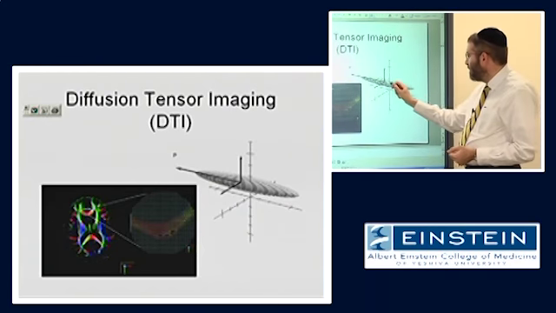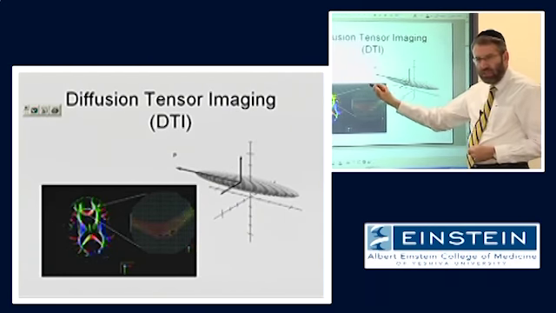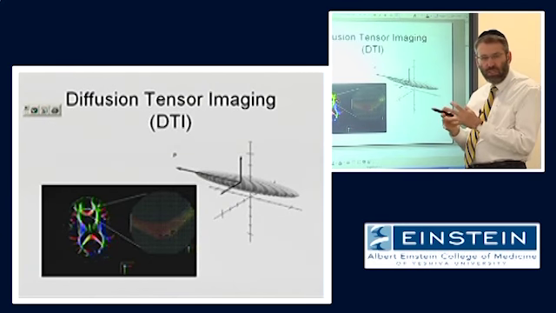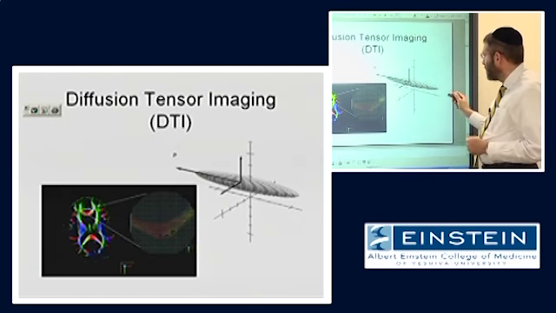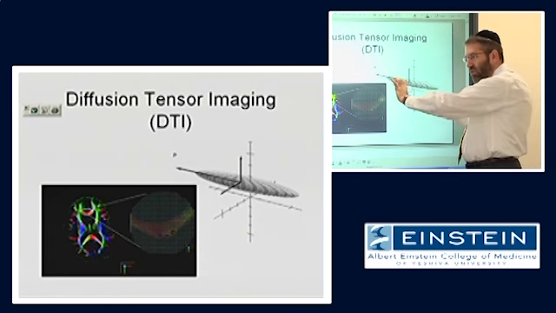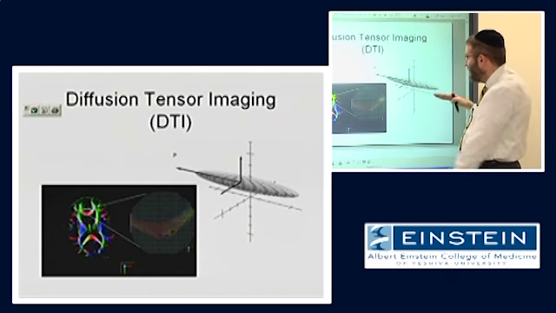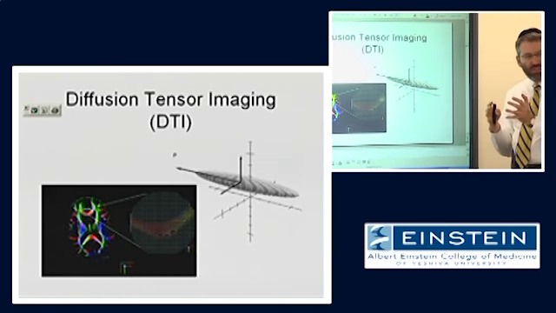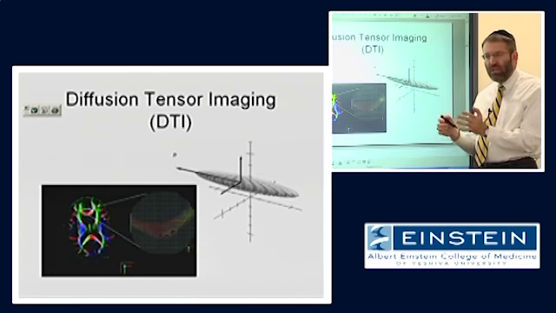So from a single voxel, we can actually calculate what the diffusion in that voxel looks like. And this has several characteristics. It's a long, skinny object, and its long axis is telling us the overall dominant direction of diffusion at that voxel.